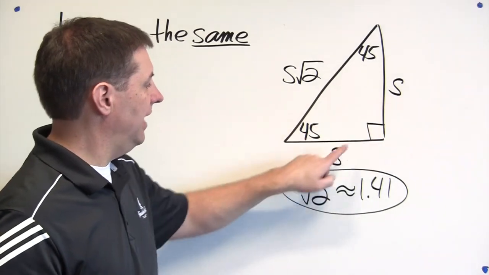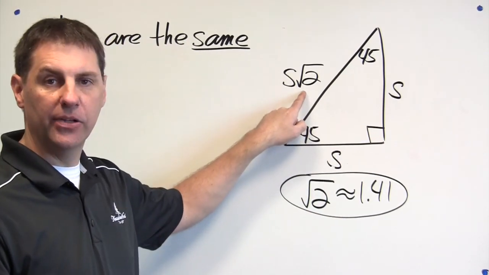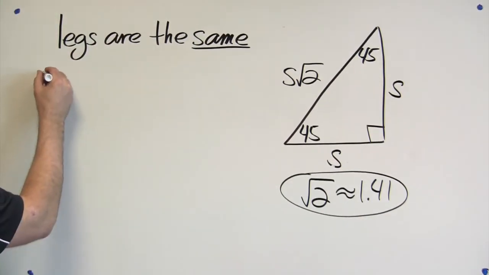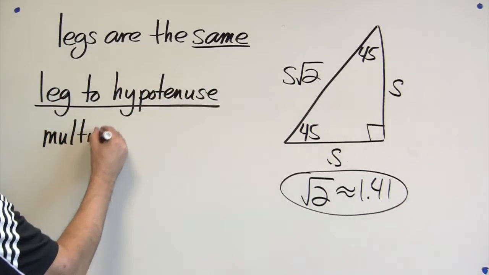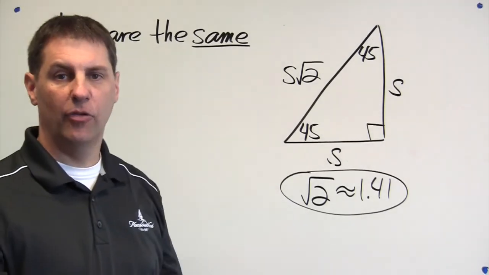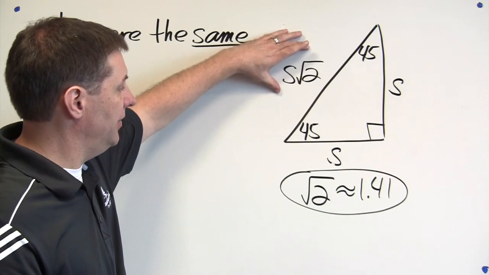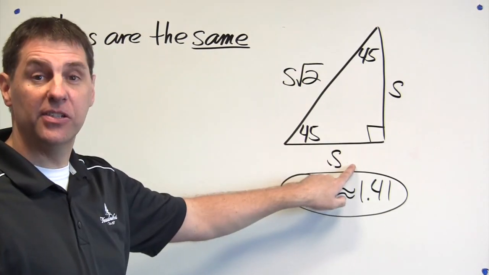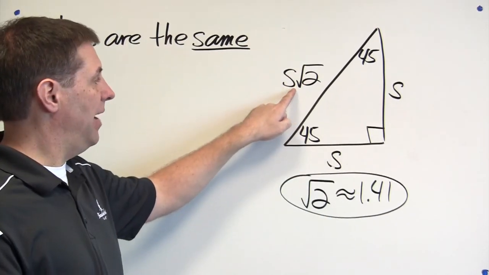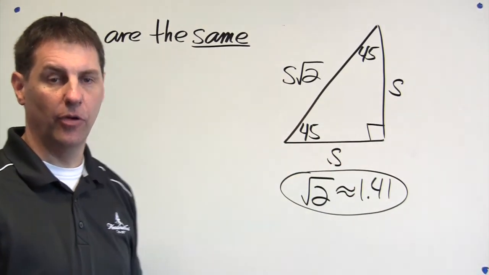If they give you the 2 legs, to find the hypotenuse, you just need to multiply by radical 2. In a 45, 45, 90, if you reverse the process, if they give you the hypotenuse, to find the leg, we're going to make it smaller. So from the hypotenuse to the leg, you divide by radical 2 or divide by 1.41.